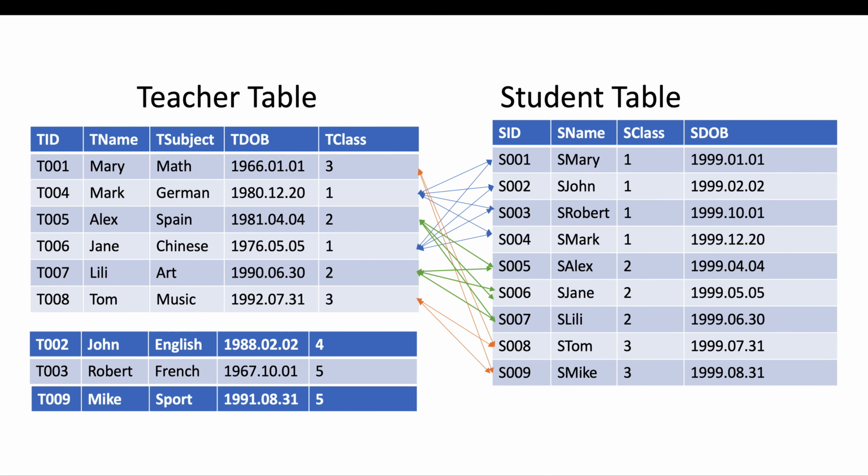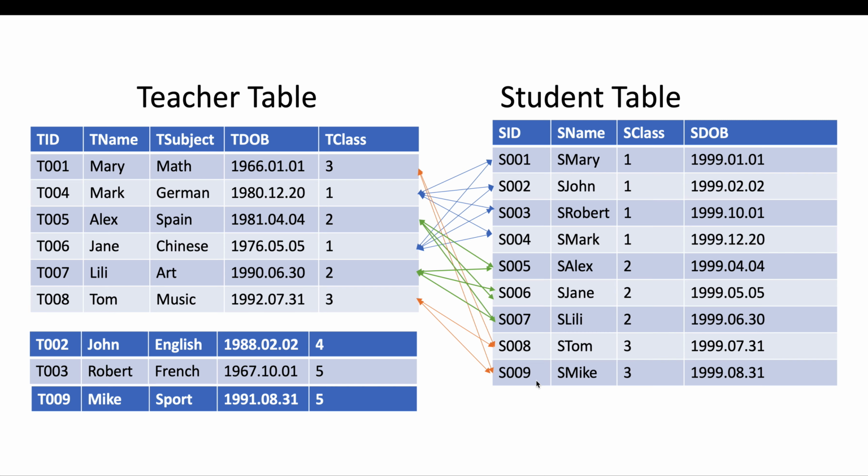So here is the relationship. We have a teacher table and student table, and you can see the different colors. The blue color here, we have the teacher who teaches class 1. Then class 1 relates to student IDs 1, 2, 3, 4. So these are the students in class 1. Then teacher ID number 1 teaches class 3, so class 3 will be student numbers 8 and 9.